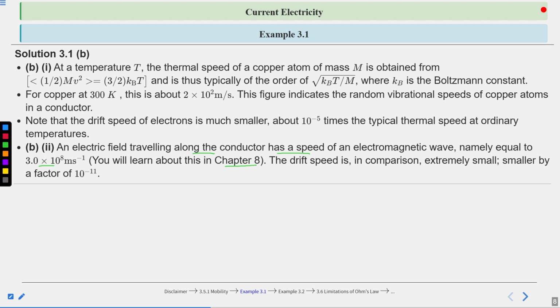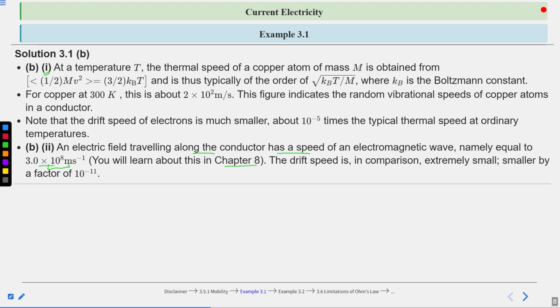So the speed of the electric field is of the order of 10 raised power 8 meter per second. Now we are going to compare it with drift speed. The drift speed is in comparison extremely smaller, by a factor of 10 raised power minus 11. I have explained in the first part how to do the comparison.